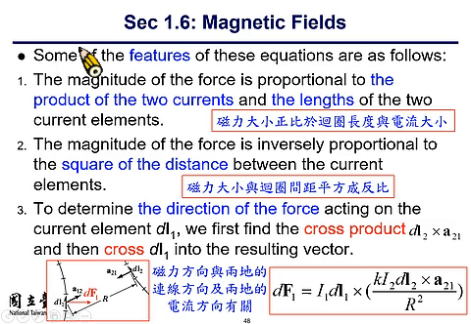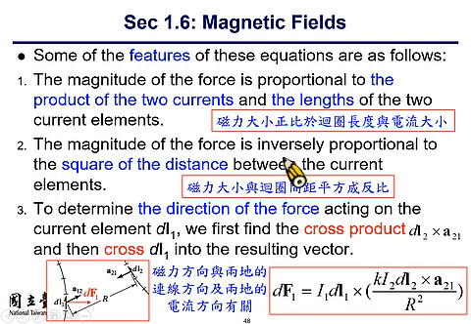All right, so here are some observations we observed in Ampere's force law. First, the magnitude of the force is proportional to the product of the two currents and the length of the two current elements.